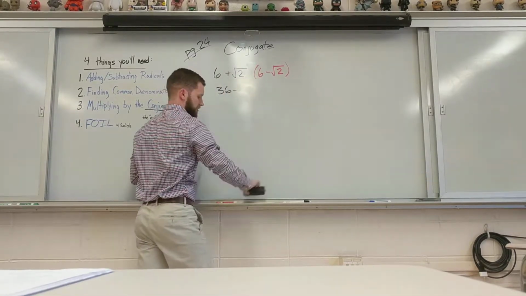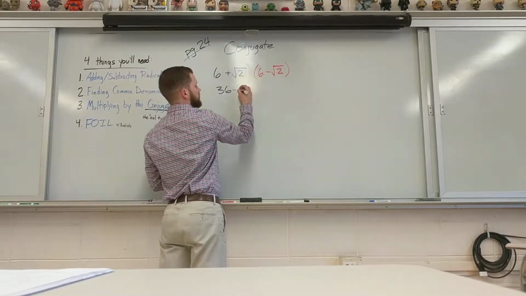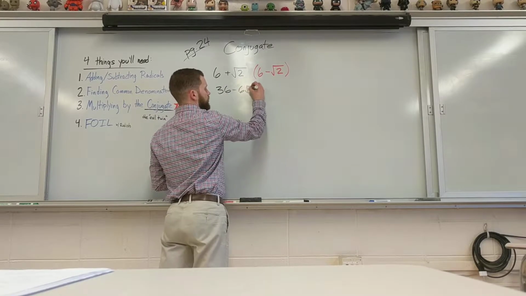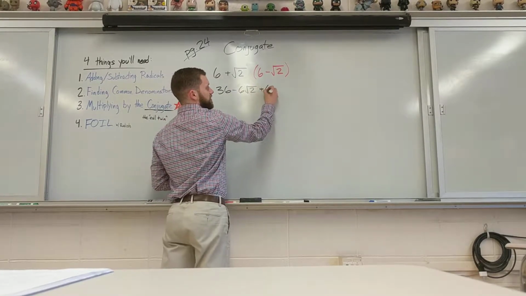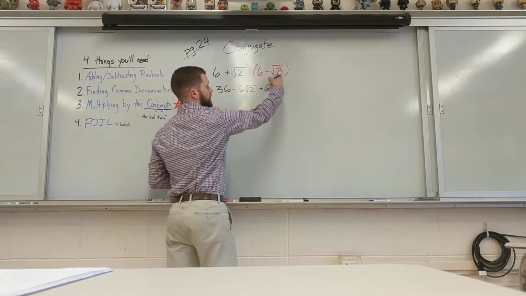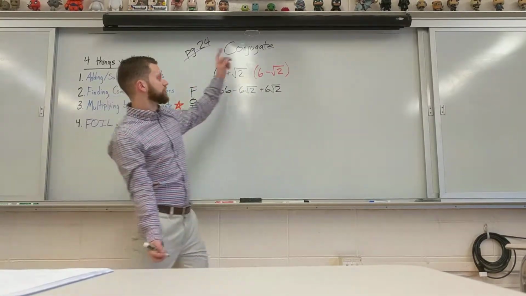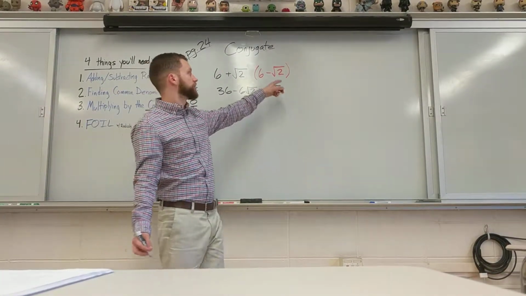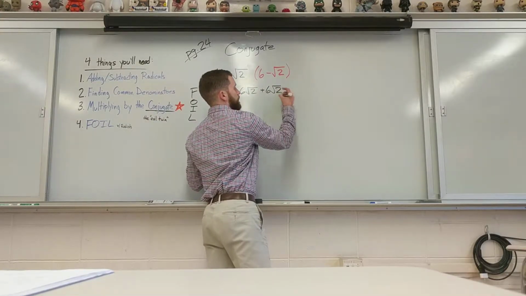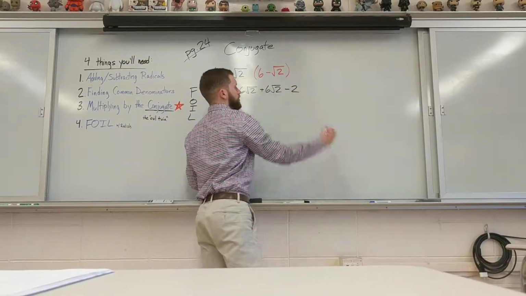Inside would be plus 6 root 2. And then we would have a positive 2 times a root 2 times a negative root 2, which gets us root 2 times root 2 is just 2, so minus 2. Okay?